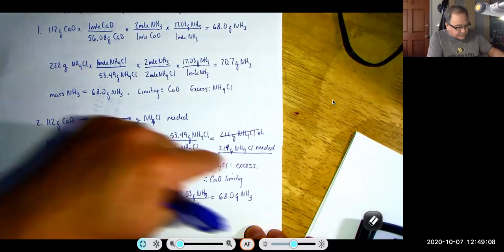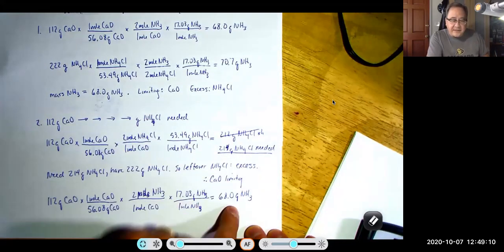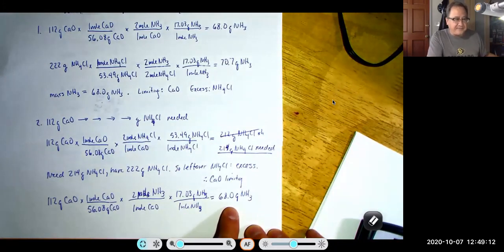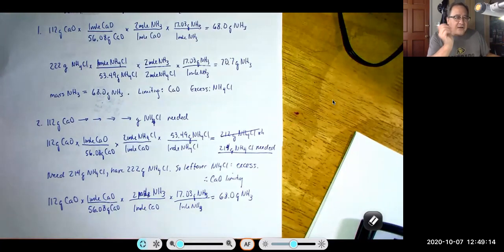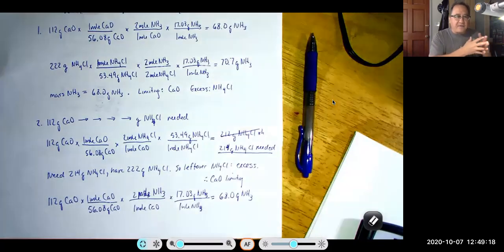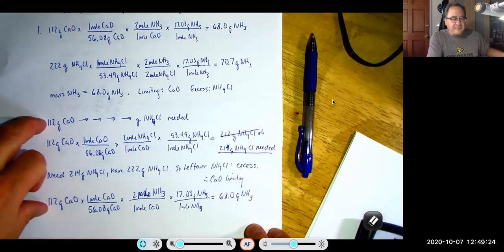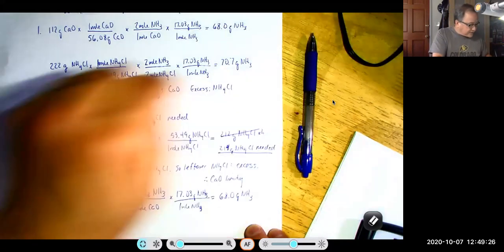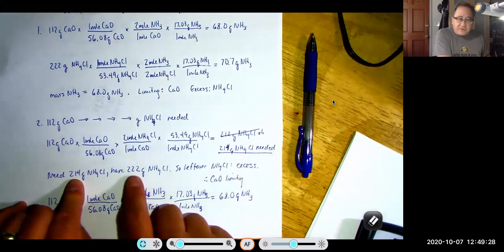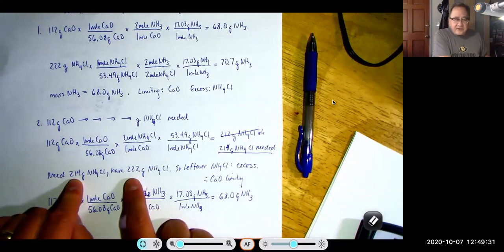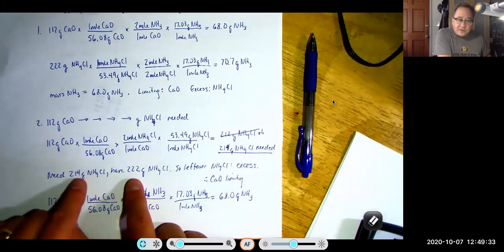We get the excess, the limiting, and the amount of product we make. So either way is fine, and either way takes about the same amount of work. This way, though, takes a little more thinking. Because imagine if this said we needed 222 and we have 214. So reverse these. We need 222 and have 214. What would that mean?